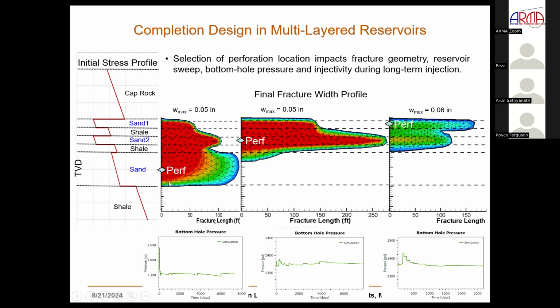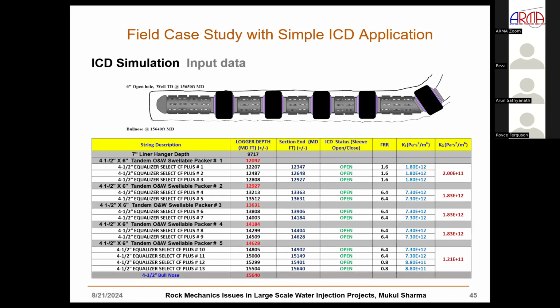You tend to get much less sand control in this scenario because the sand is already slumped at the bottom, and as a result of this widening of the fracture, you tend to get loss of sand control in many of these completions in the Gulf of Mexico. So geomechanics has a direct impact on how you complete the well and ensure efficient and effective sand control over long-term injection of water in these wells.